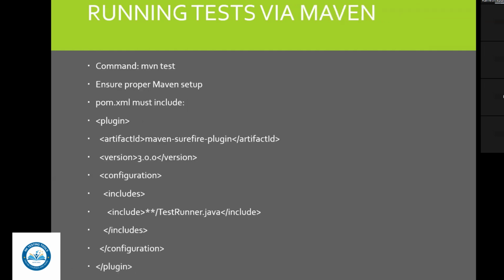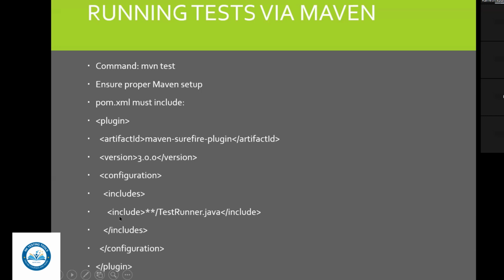Apart from that, if you want to run the same test from Maven, because going forward we are going to run all the Cucumber tests through the Maven pom.xml. How to run the Cucumber test in the Maven pom.xml? This is the configuration we have to do, guys. In the plugin section, there is the Maven Surefire plugin. Under this, there is a configuration.